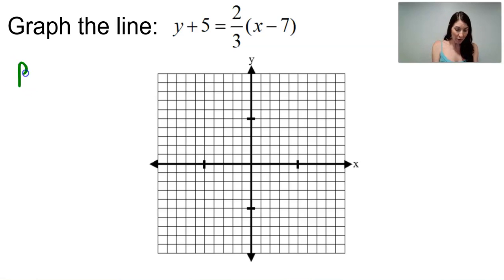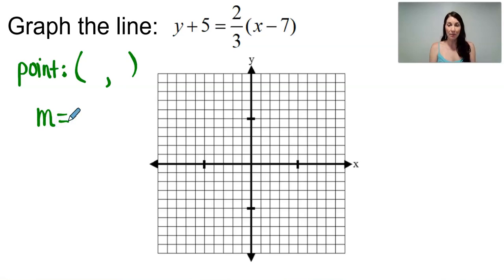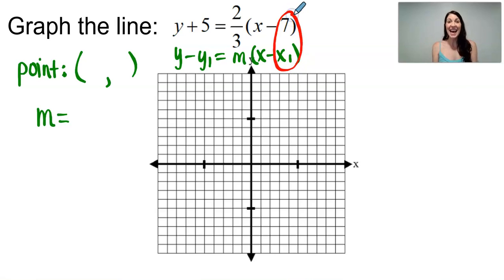So we should be able to identify the point from this equation simply by working backwards, taking the information from point-slope form, and then also the slope. Okay, because point-slope form is y minus y1 equals m times x minus x1, I can simply look right here to get the x-coordinate of the point. x minus x1, x minus 7, so 7 is my value of the x-coordinate of my point.